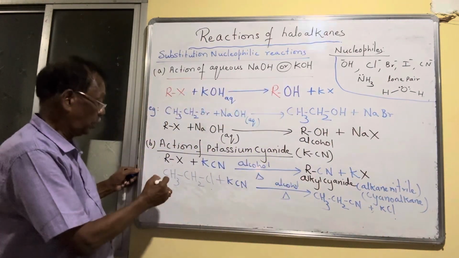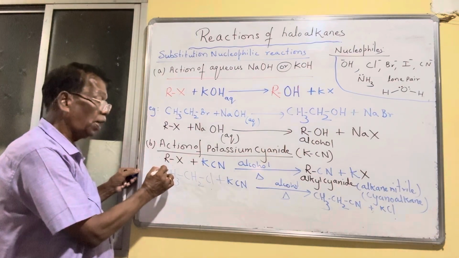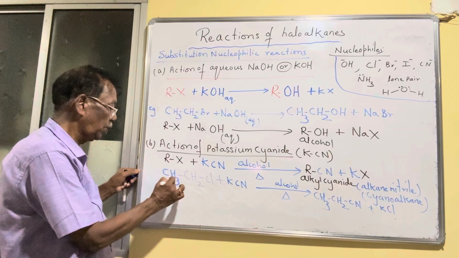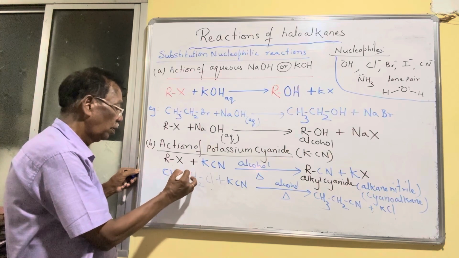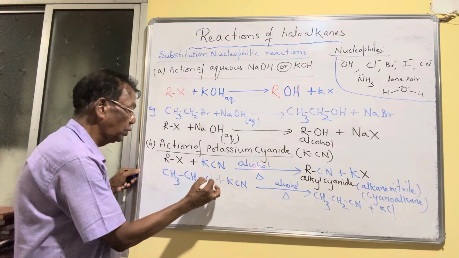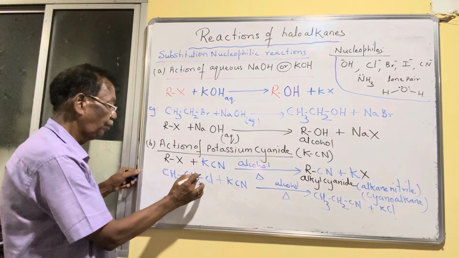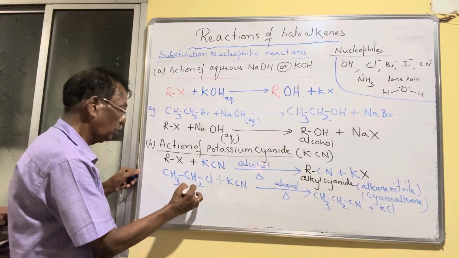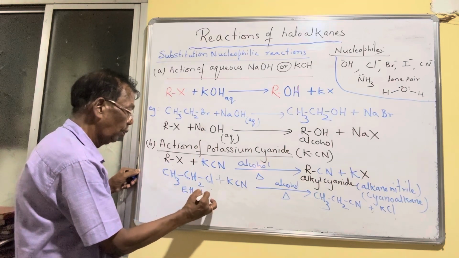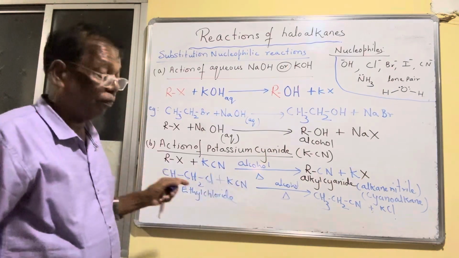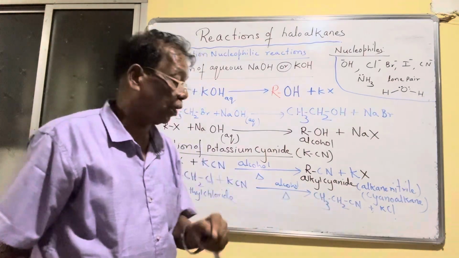Now this is ethyl chloride, the compound I have written here. So CH3CH2 and Cl, this is called ethyl chloride.